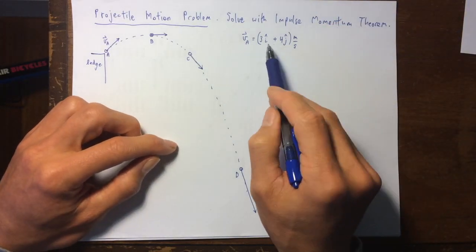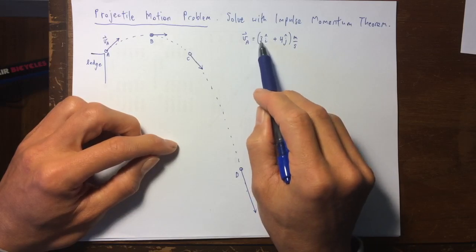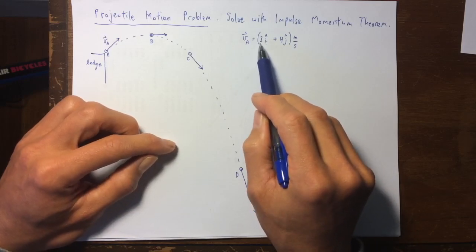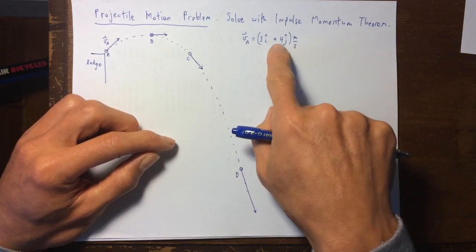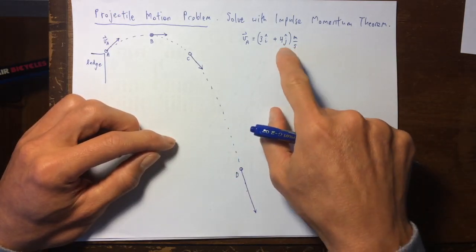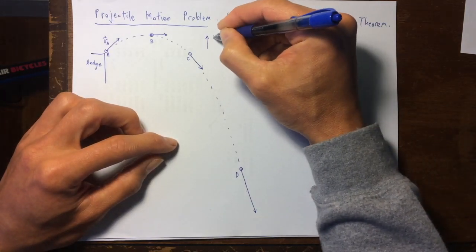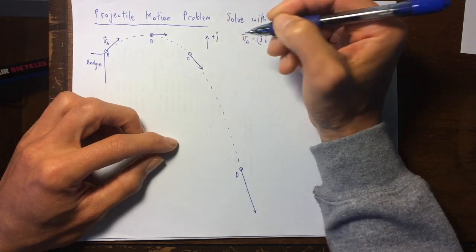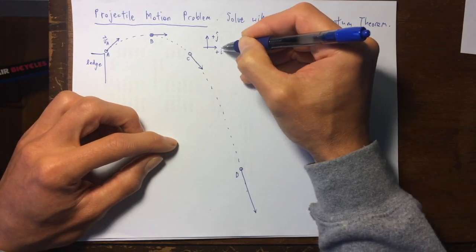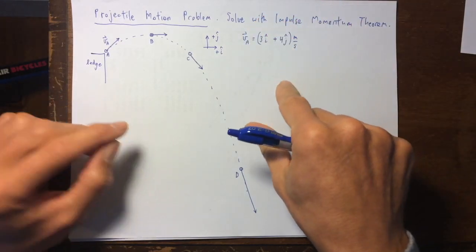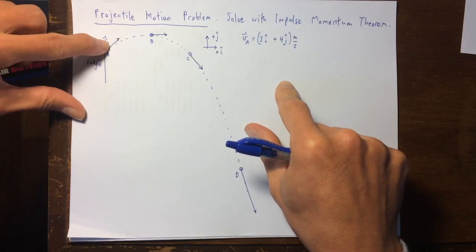So it starts off with 3 meters per second in the positive i hat direction, right? There's a plus sign in there, but it's not explicit, but it's still there. And then 4 meters per second in the j hat direction. And on the side, let's put that upwards is positive j hat and rightwards is positive i hat. So this is over 3, up 4 meters per second. That's that arrow there.